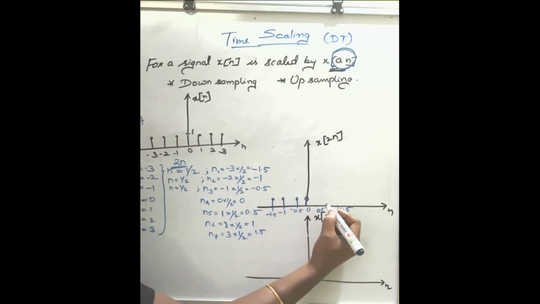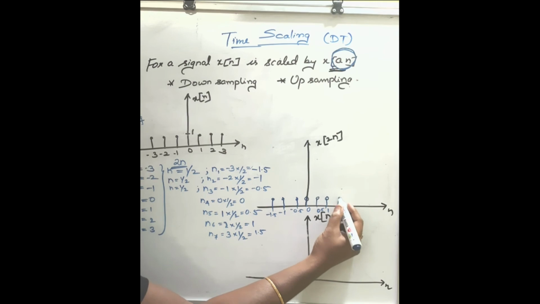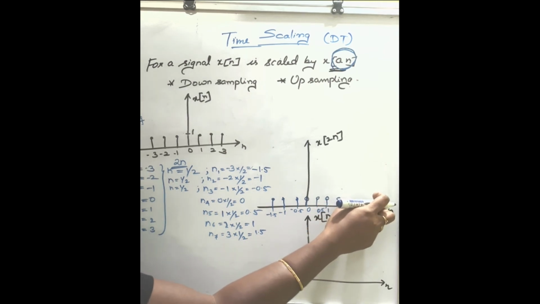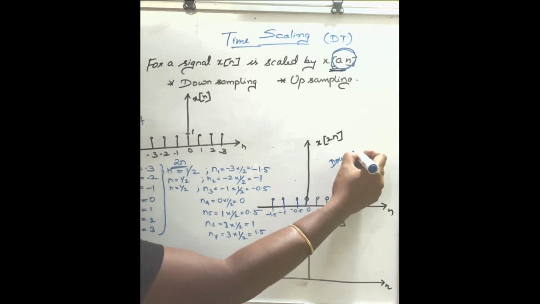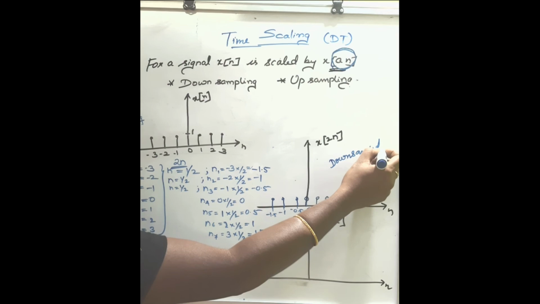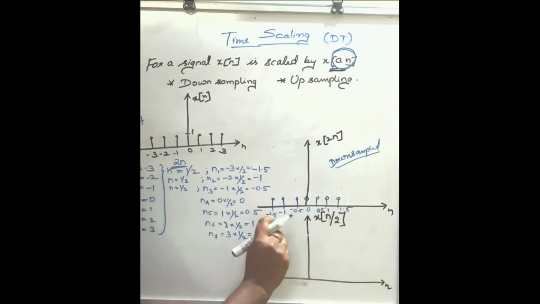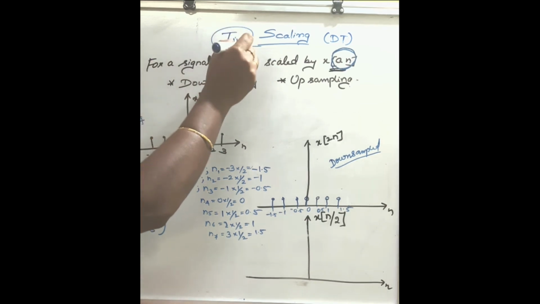Having 1 as the amplitude, your new downsampled signal is ready. This is the downsampled signal. The time scale alone has been changed. We do not do any alteration to the amplitude. We only deal with time.